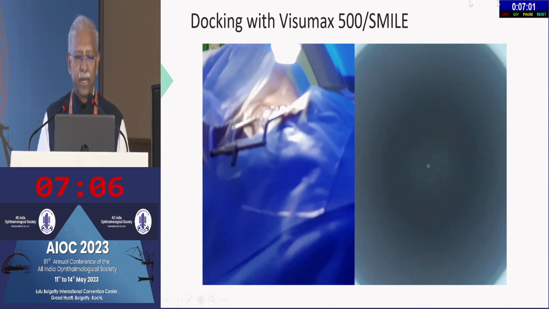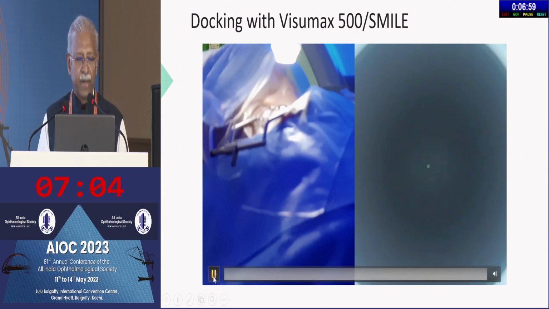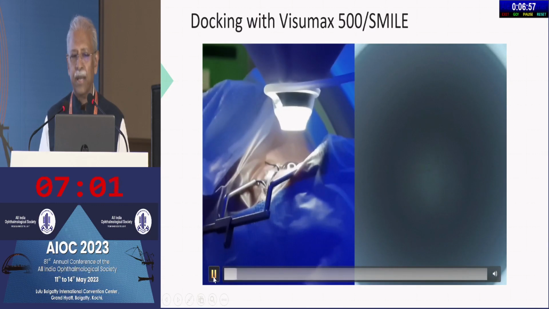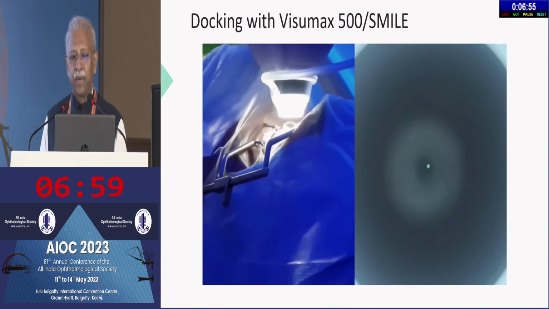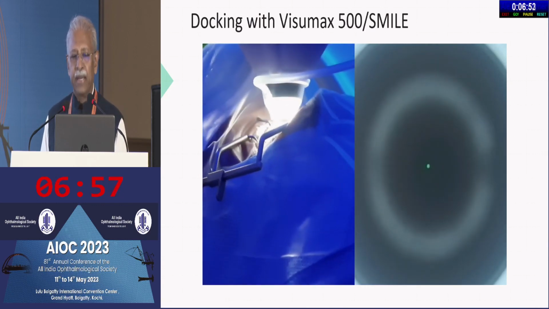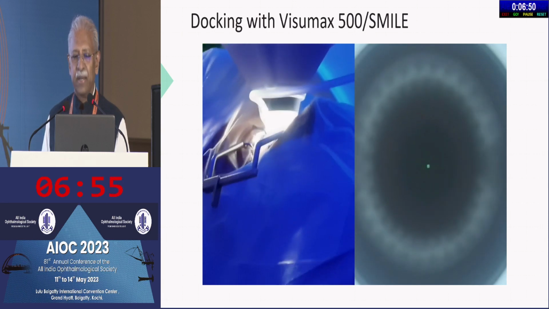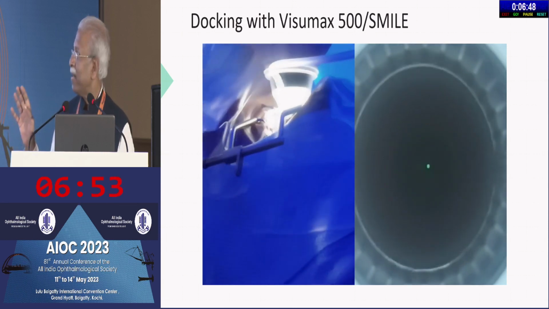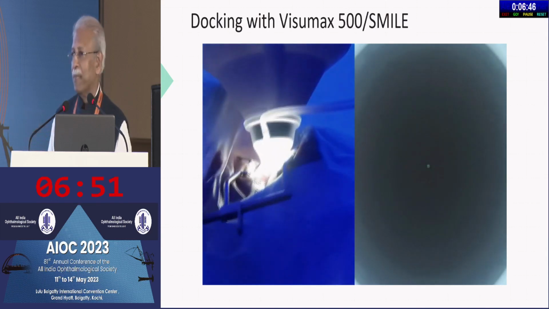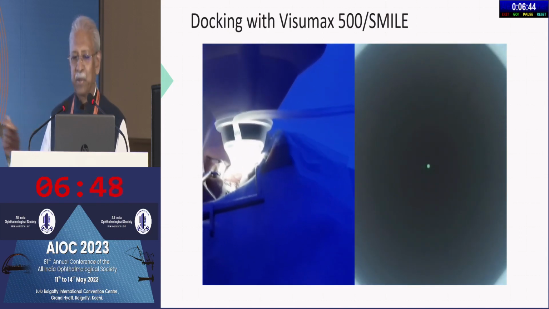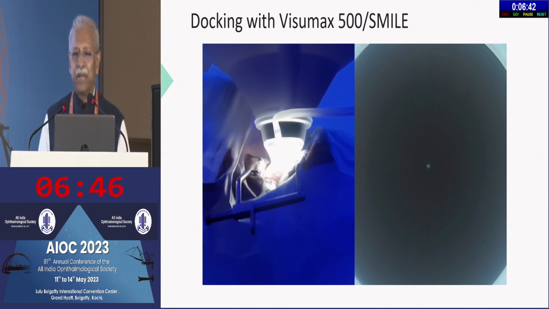So this is what occurs with the Vizumax 500, to show you how the docking goes on. Another issue with the Vizumax 500 was that the optics, light, and the microscope were such that the pupil was not clearly visible right until you almost docked. And that was one big issue. Sometimes we use light from the side to give us a centration.